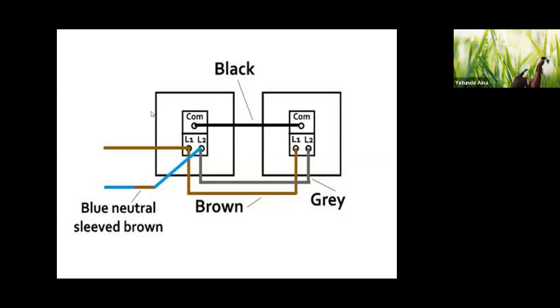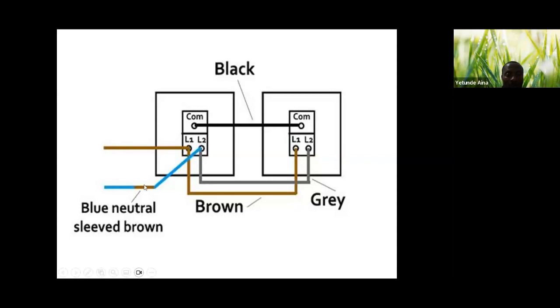Now you will run a cable in such a way that the live coming from the consumer unit or your distribution board will go directly to line 1 of the first switch. Then the blue wire, remember, this time around, we are not using it as neutral, but it is called blue neutral sleeved brown.